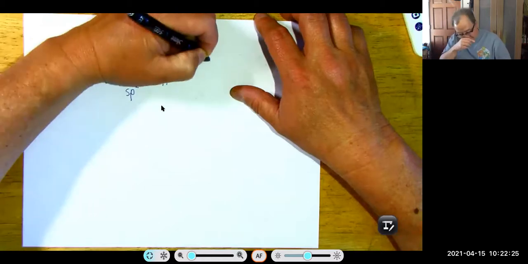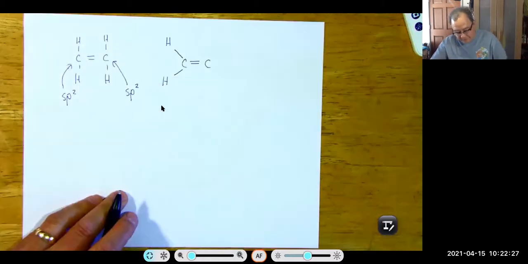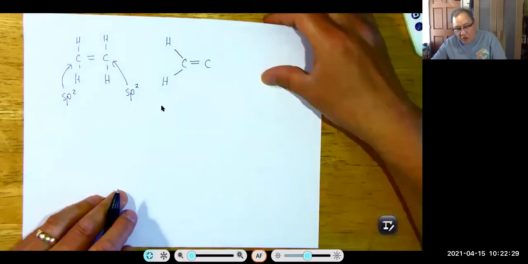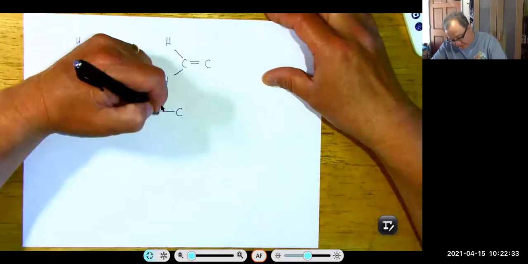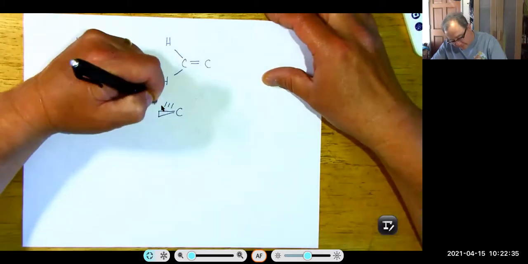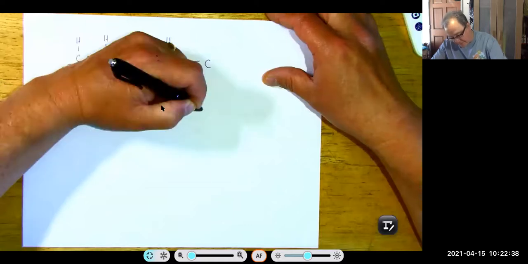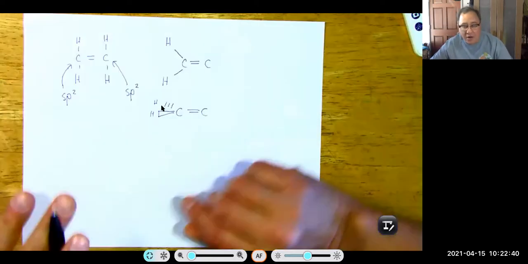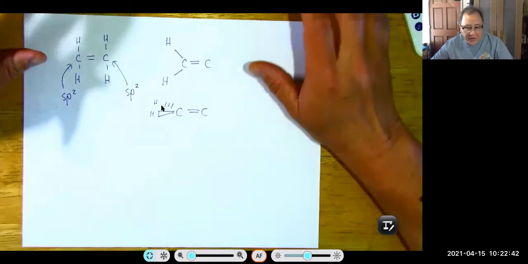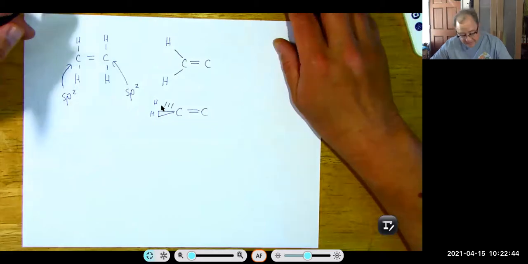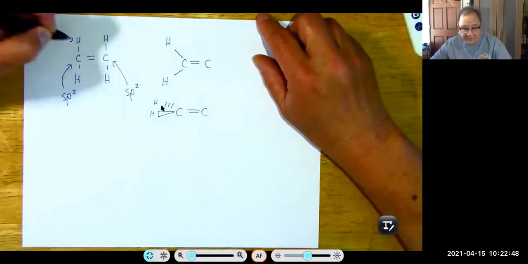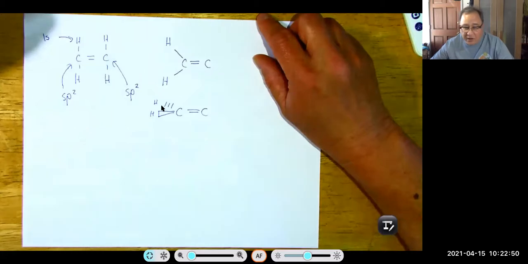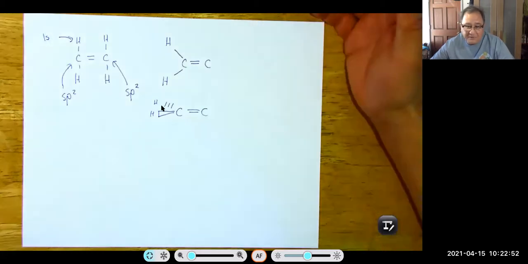But I want to draw it this way because I want to show you how all of the bonding occurs. Now, these are sp2 hybridized. This is just a 1s orbital. There's no hybridization when you only have one orbital. I mean, why would you do that?